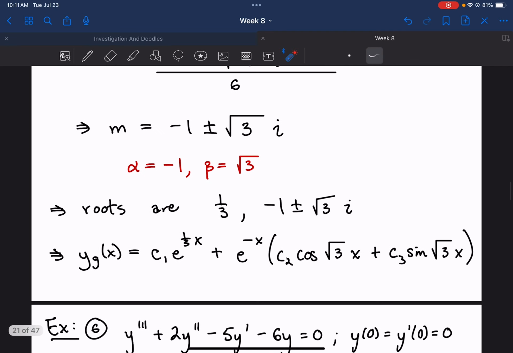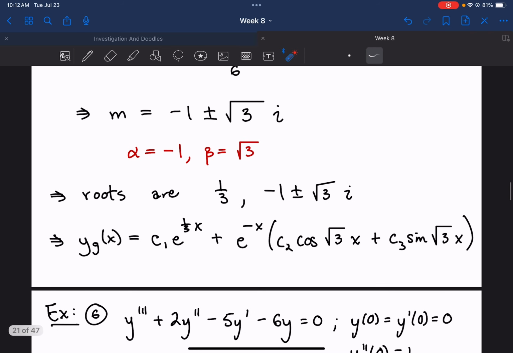So I get a real root, c1 e to the 1/3 x, plus a complex conjugate pair, e to the alpha x, c2 cosine beta x, c3 sine beta x. This is as complicated as it gets, right?